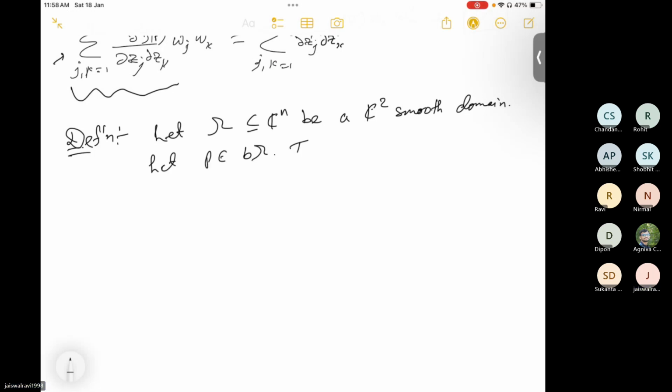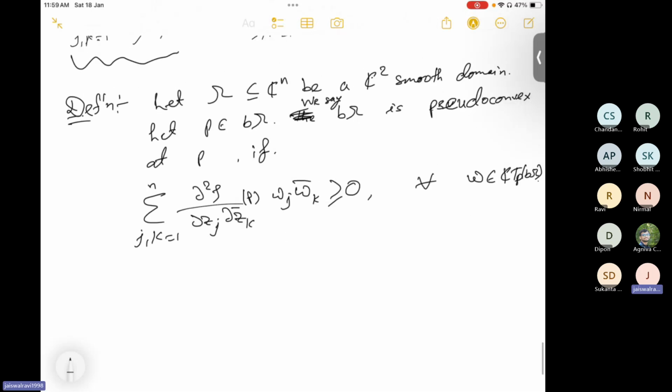We say the boundary of omega is pseudo-convex at P if this Levi form, the sum over j,k from 1 to n of del square rho over del zj del zk bar at P, times wj wk bar, is nonnegative for all w in the complex tangent space, which I have defined earlier.